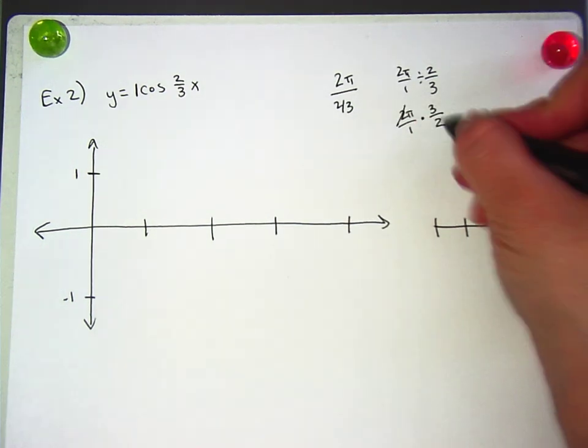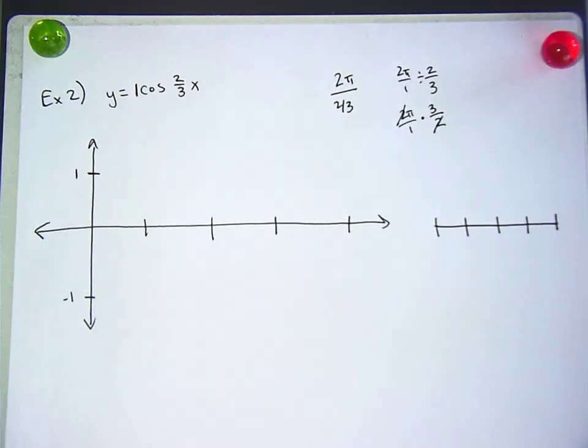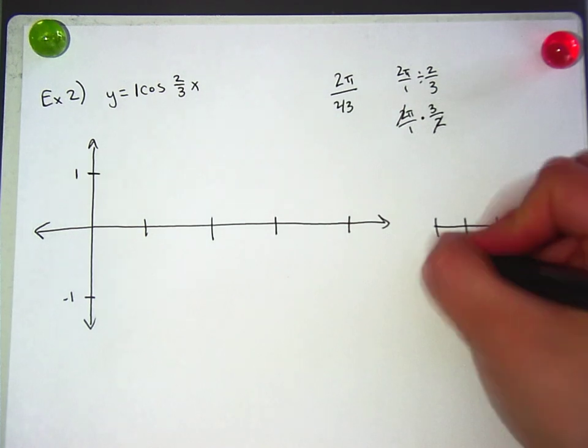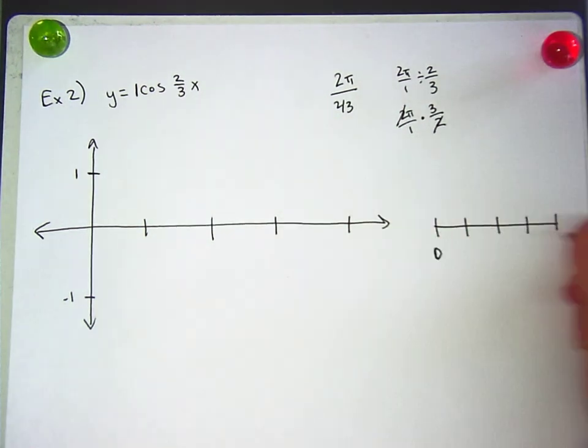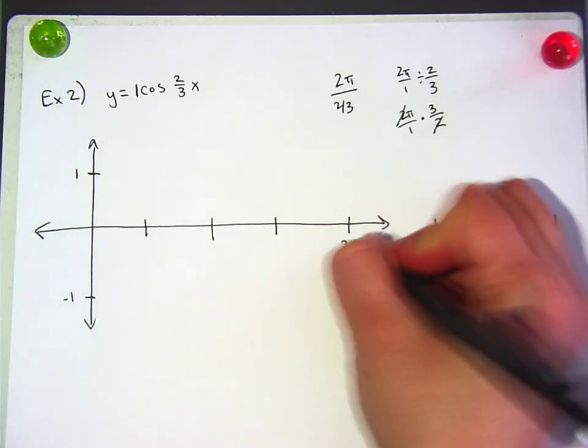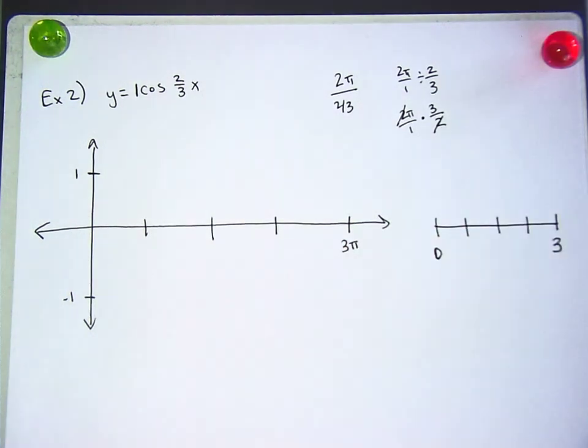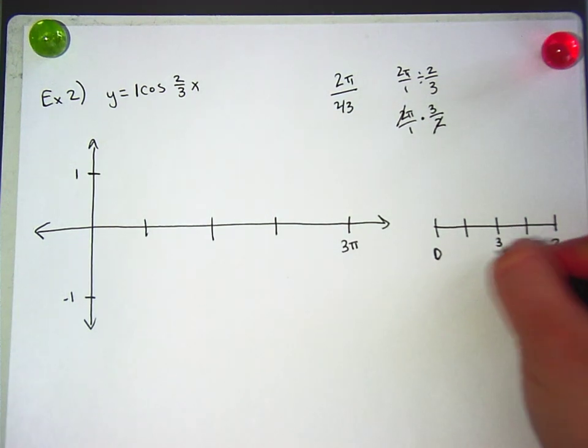The 2's cancel out, which leaves me with what? 3 pi. Okay, so my beginning is 0 and my high point is 3. What's halfway between 0 and 3? 1.5, but how do I write that as a fraction? 3 halves, so 3 over 2.